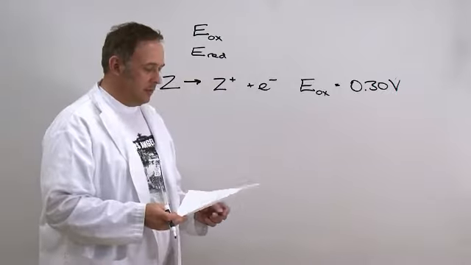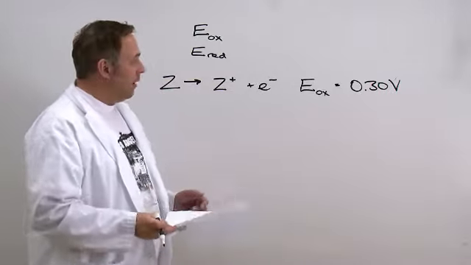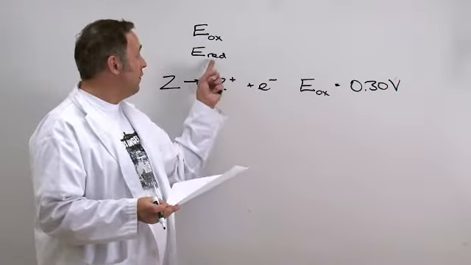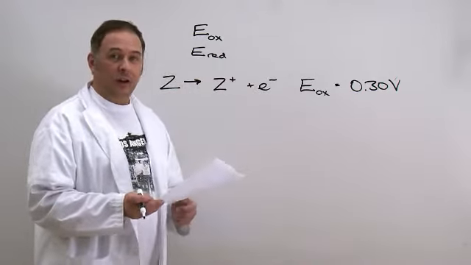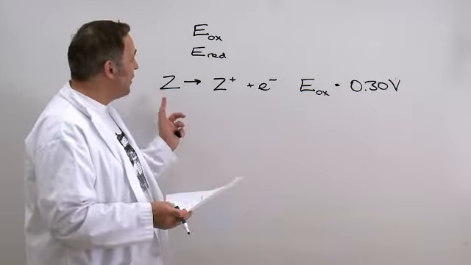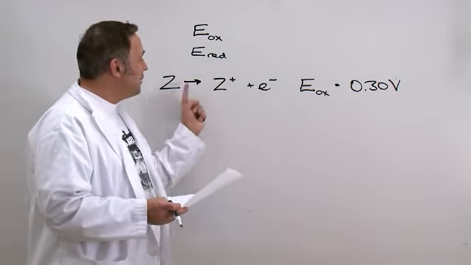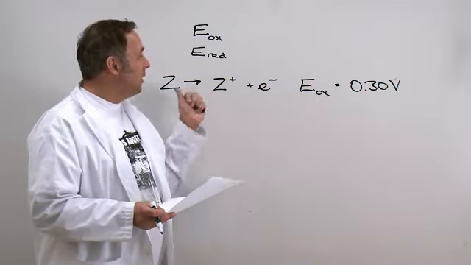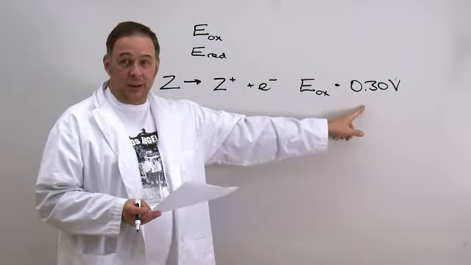You might be thinking, well, Les, didn't you write this? Why didn't you put ox on it? Well, because this isn't a standard convention or anything. I just made this up, so you're not going to see it in an exam. But if you were to see this in an exam, an oxidation half reaction with an E next to it, then you must assume that this is the oxidation potential.